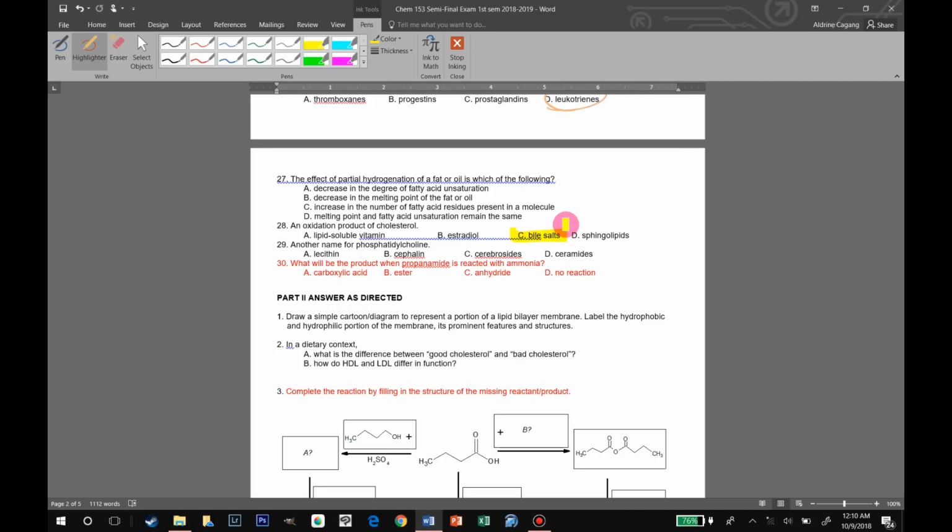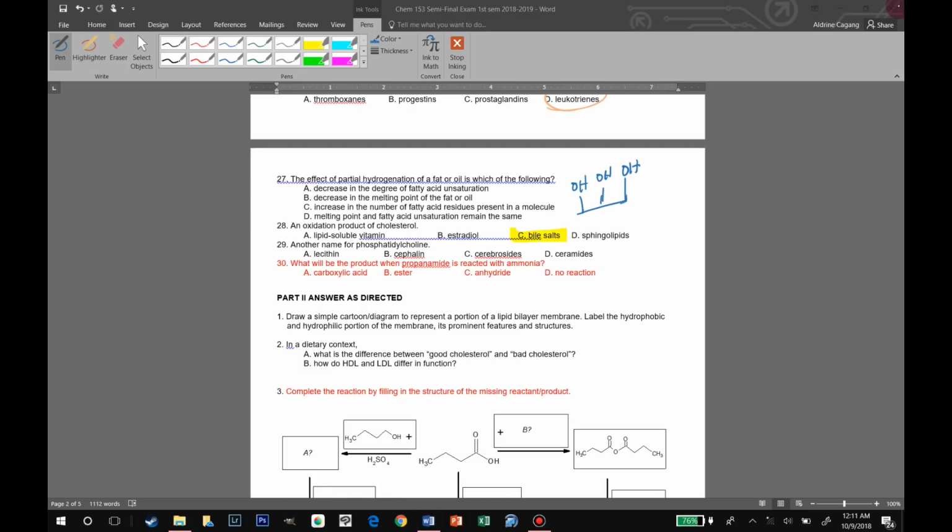Recall that the structure of your bile salts contains hydroxyl groups that are found on the same side of your tetracyclic structure. That's what gives it its non-polar and polar regions, which make it a good emulsifying agent for your fats. So bile salts.